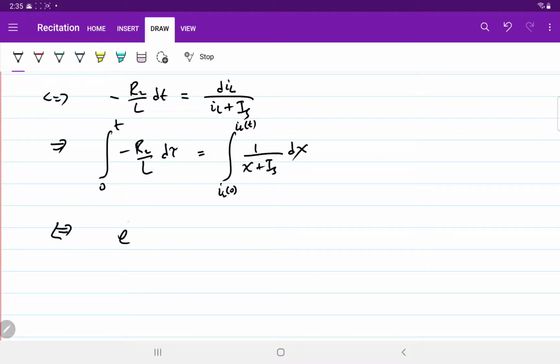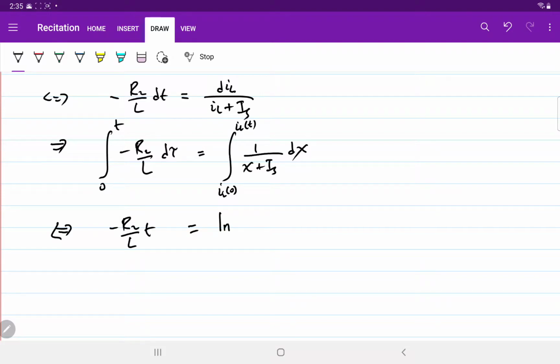You get minus R2 over L. Sorry, you don't have t, right? For now you only have minus R2 over L times t minus 0, just 0. Okay, how about this?